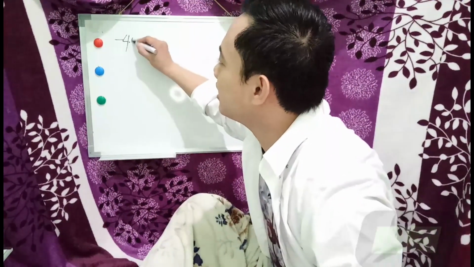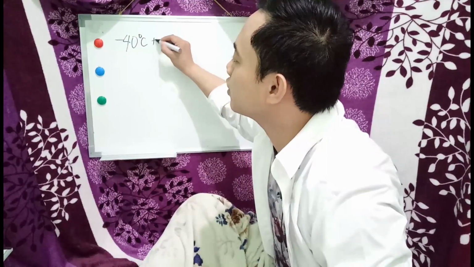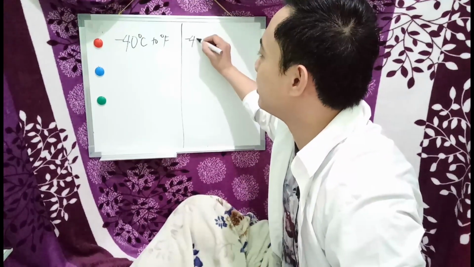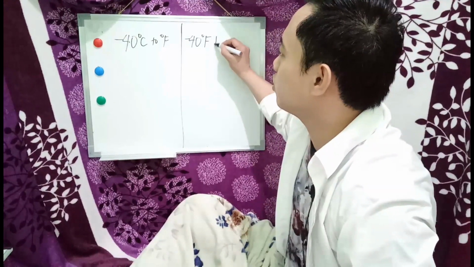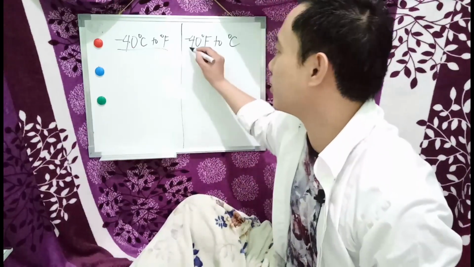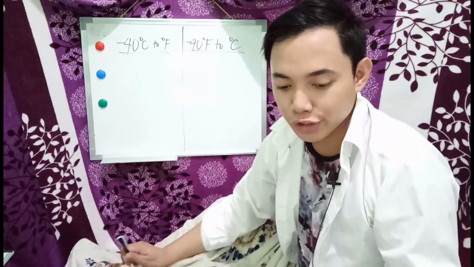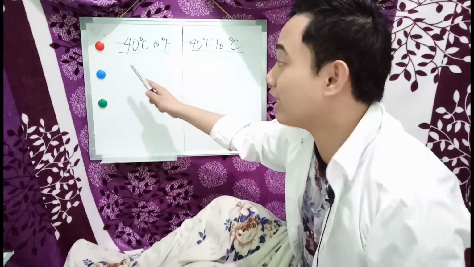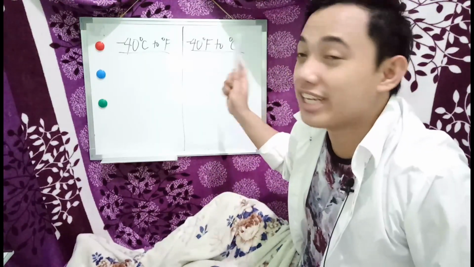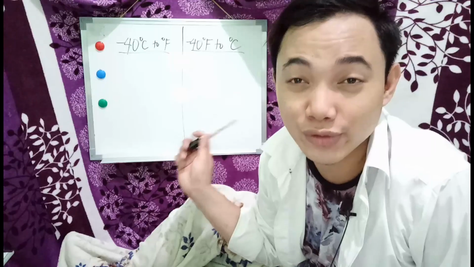Negative 40 degree Celsius to degree Fahrenheit and negative 40 degree Fahrenheit to degree Celsius. Tingnan natin kung same ba sila ng result. So ngayon, itatry natin i-solve itong negative 40 degree Celsius to degree Fahrenheit and negative 40 degree Fahrenheit to degree Celsius.